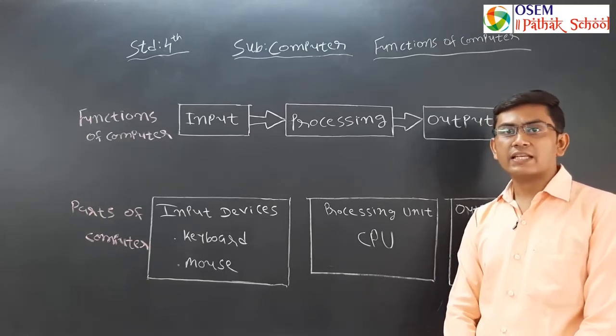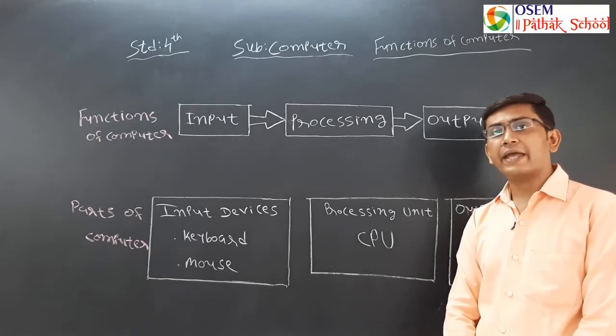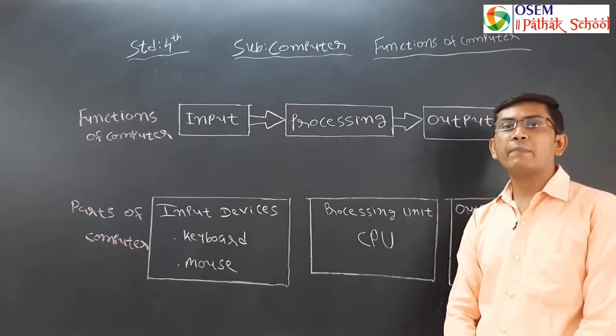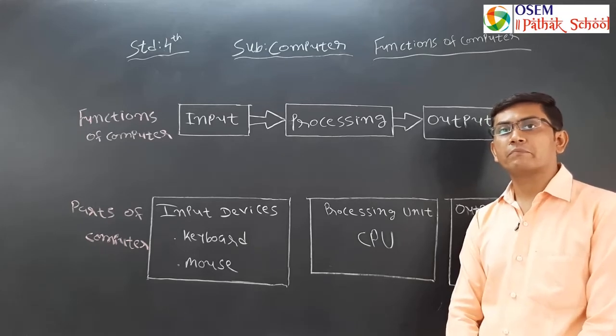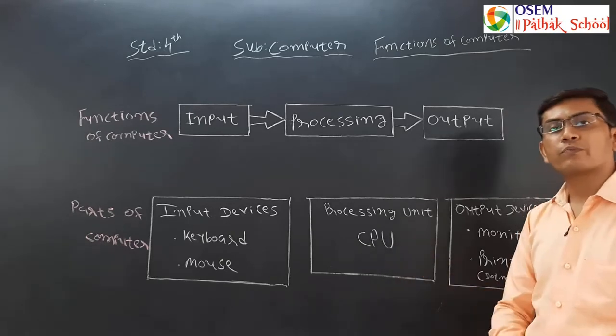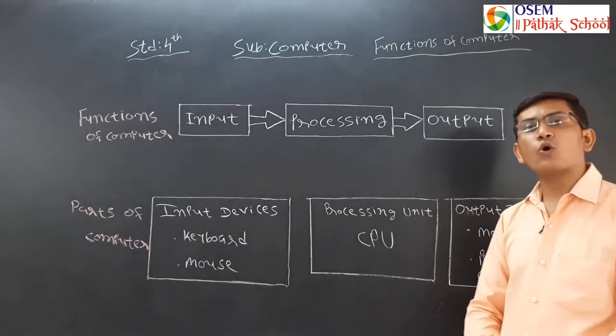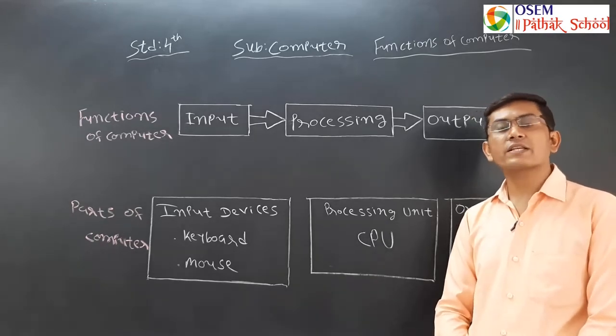CPU has 3 components, that is ALU, CU and memory. Means there are 3 components of the CPU. ALU performs all the arithmetic and logical operations.